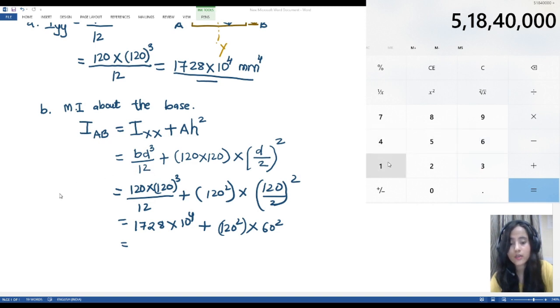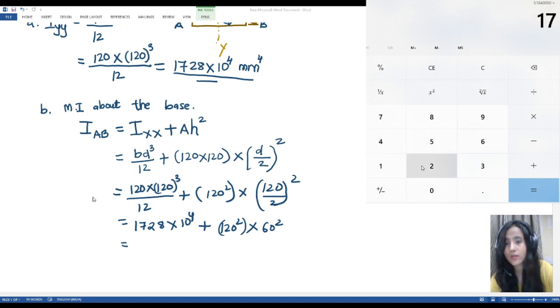Plus what is the moment of inertia about IXX axis? It is 17280000, right? So what am I getting? I'm getting 69120000. So how can I write this one?